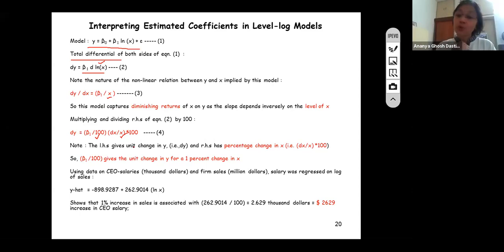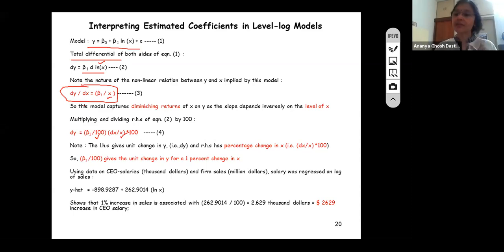Now look at what kind of a nonlinear model this is giving you. First of all, you see in this model dy/dx is equal to beta 1 upon x. So this is nonlinear. The slope is not constant. So the relation between y and x is not like a straight line.